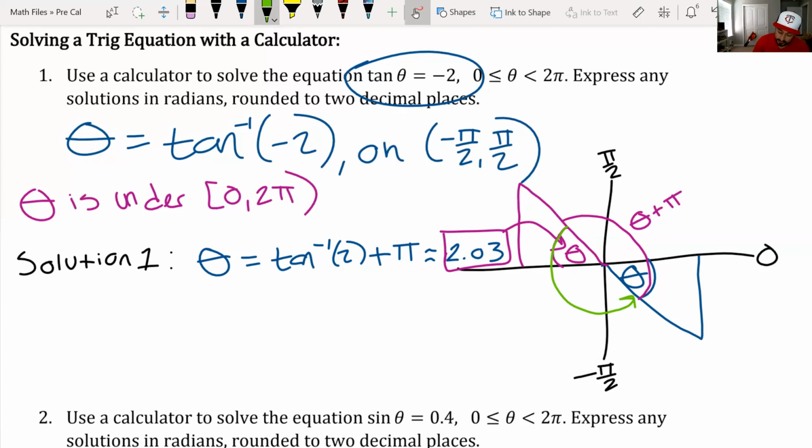So we're just going to say theta plus 2 pi. And I'll extend this green line over here as well. That's going to give us our second solution. The only reason it's a solution is because now we're in quadrant 4. We're still in the unit circle, and in quadrant 4, tangent is still negative.